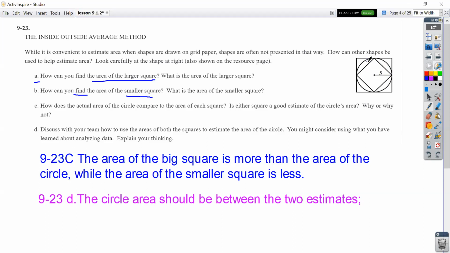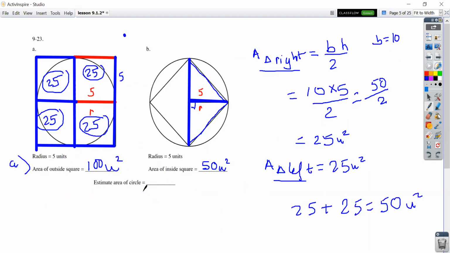So the circle is between the big square and the smaller square. So the area of the circle, estimate it is between, okay, 50 and 100, between 50 to 100 square units. Okay. All right.